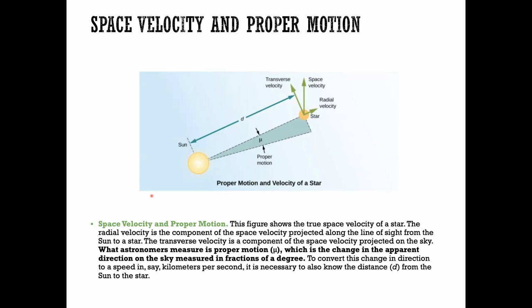Now, combining space velocity and the proper motion, this diagram nicely explains all these types of motions together. And this is the radial velocity. And as I have mentioned before, the radial velocity may be towards you or away from you.